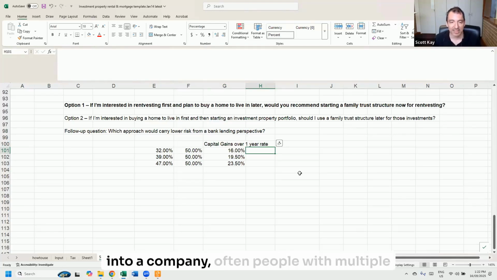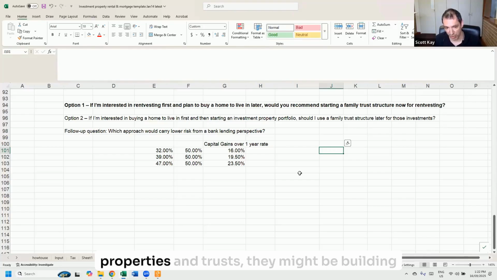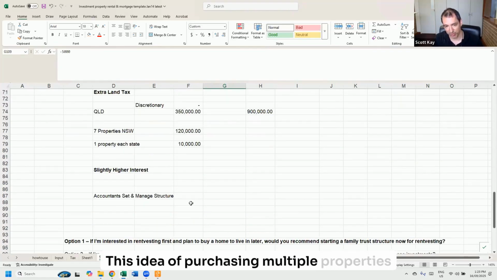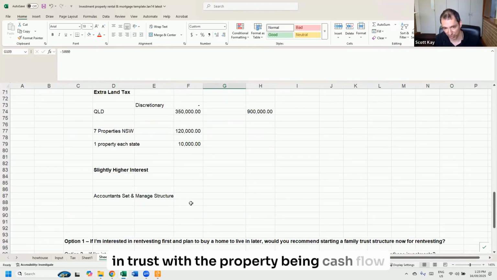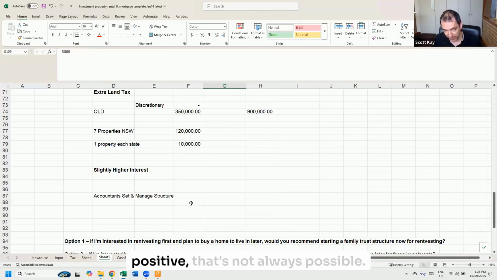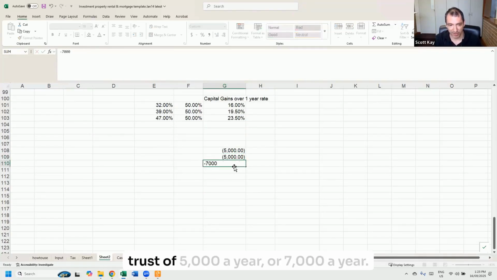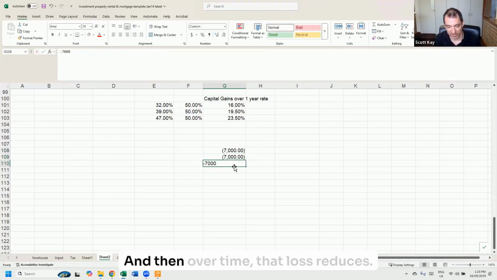Or put money into a company. Often people with multiple properties and trusts might be building up losses in a trust. This idea of purchasing multiple properties in trusts with the property being cash flow positive is not always possible. So you might be building up losses in your trust of 5,000 a year or 7,000 a year, and then over time that loss reduces.